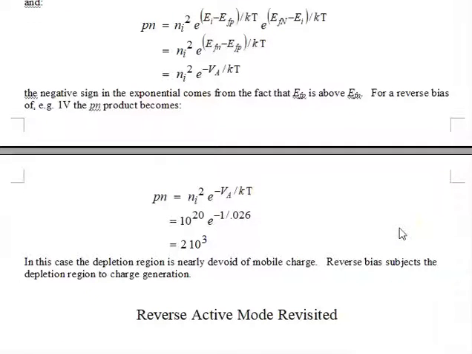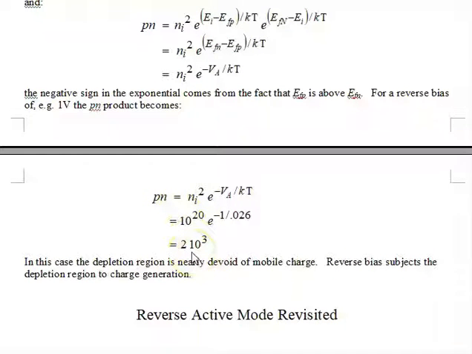So in this case, we write the same equation here. I don't know why I put in 1 volt here, but okay, just for fun. This should be 0.6 volts, I believe. I'm not sure. Oh, you can work it out for yourself. It's not important. We get a p sub n product, which is essentially 0.